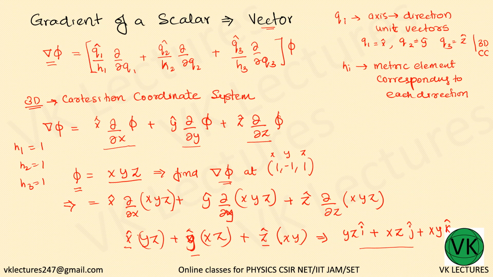So in this case this is yz, so minus 1 i cap, so minus i cap, plus xz, that is minus j cap, plus xy, that is again minus 1, minus k cap. So this is how you will be getting it.